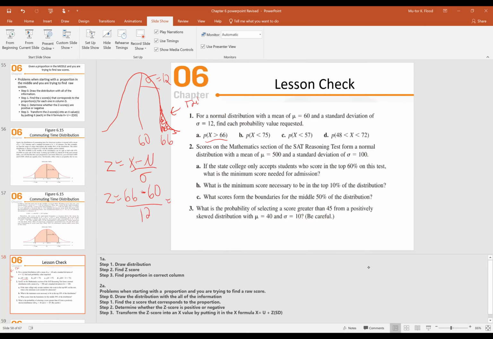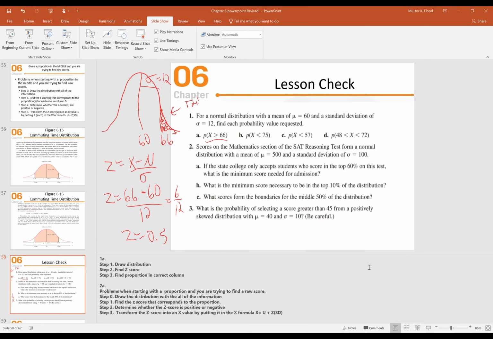So that's going to give us 6 over 12. And if we use our trusty calculator, always use your calculator, you don't want to do this stuff in your head, even if it seems easy, 6 divided by 12 gives us 0.5. So it's a z-score of 0.5.